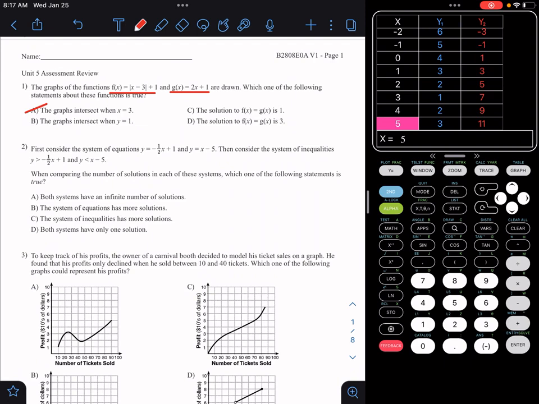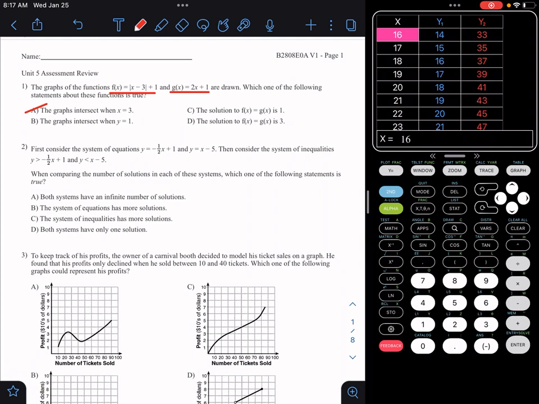Where's the point where they're both the same? Are they ever the same? Oh, right here at 1, 3. So the graphs intersect when y equals 1. No, it's when x equals 1, so not that.